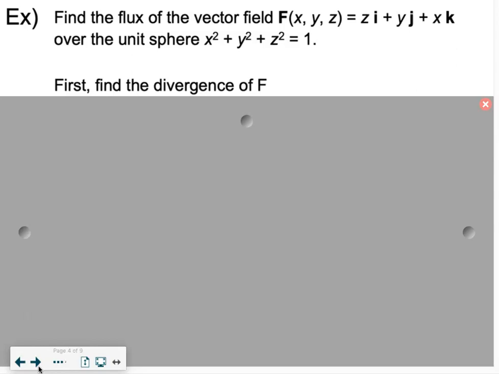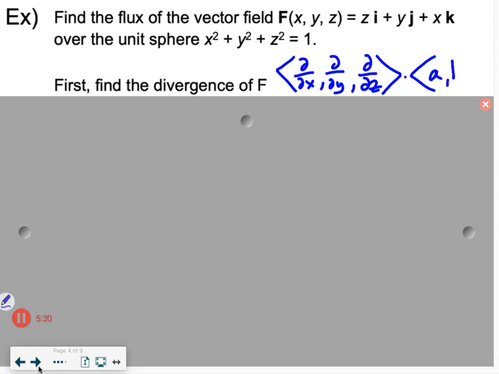Yeah, so divergence is, you have d dx, d dy, d dz, dot product with the components of f, whatever they are.